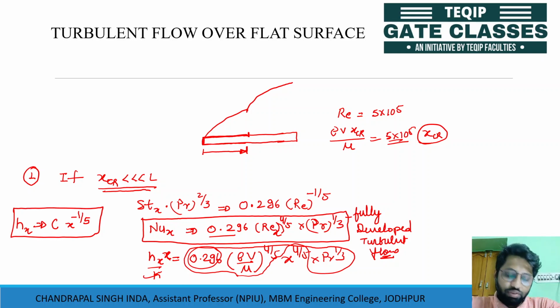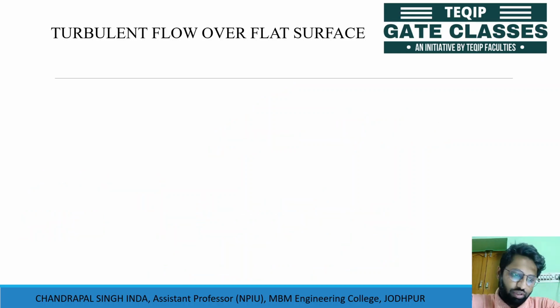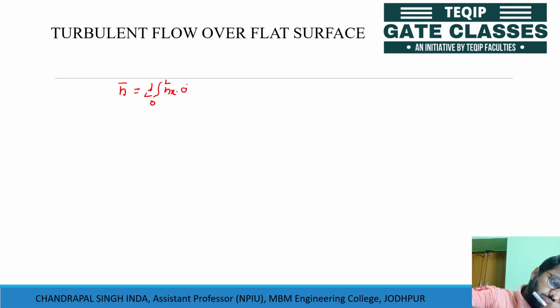Similarly, as we have found the value of the average convective heat transfer coefficient, here we can also find the value of the average convective heat transfer coefficient, like putting h bar equal to 1 by L integral from 0 to L of hx dx.